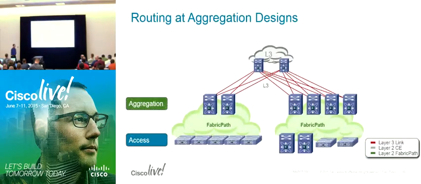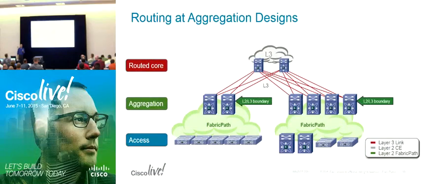Let's start with the first one, routing at aggregation. This is very similar to what you see in the classical, traditional designs. You have layer 2 access, you have the layer 2, layer 3 boundary at the aggregation, and you have layer 3 uplinks towards your core. With FabricPath, you can do either this, which you could do with VPC, and you can also do this on the right side with 4-way active default gateway using Anycast HSRP.